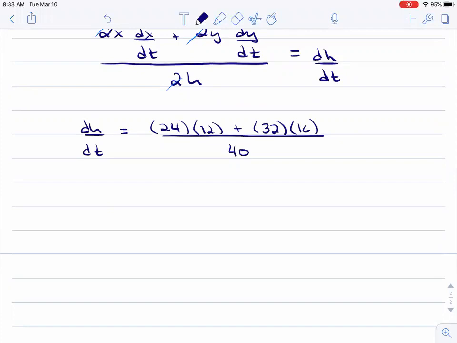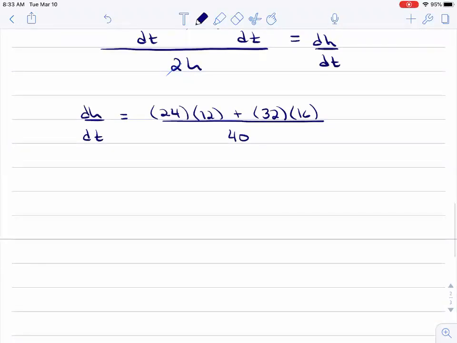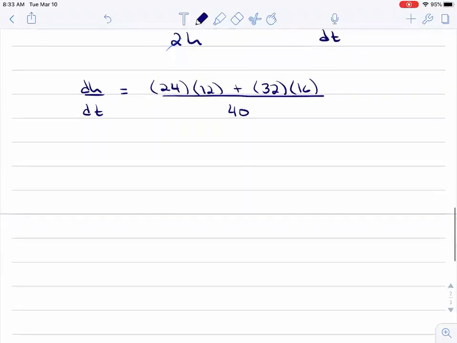So 24 times 12 plus 32 times 16, 800 divided by 40, I get dh/dt is 20.